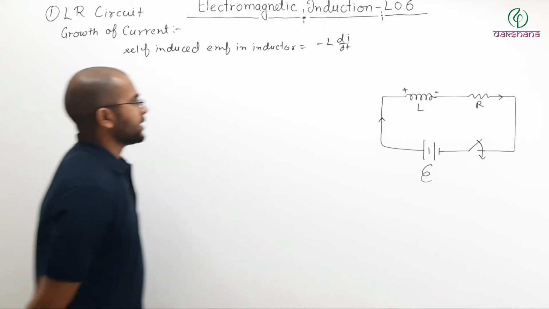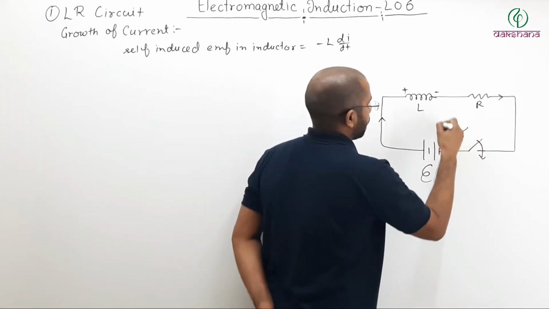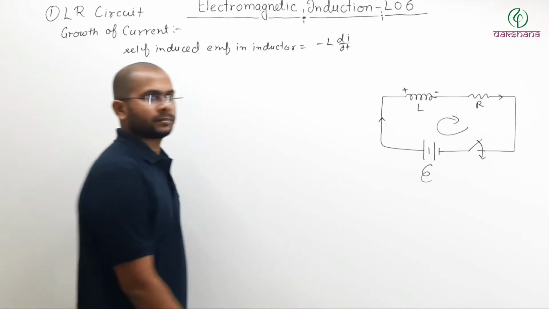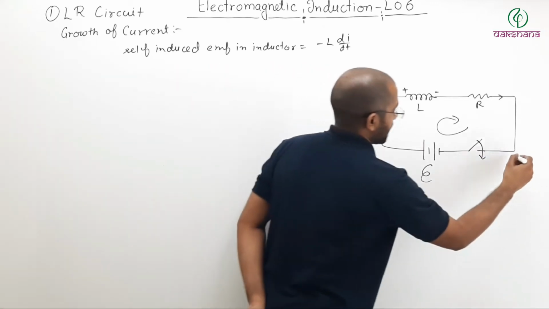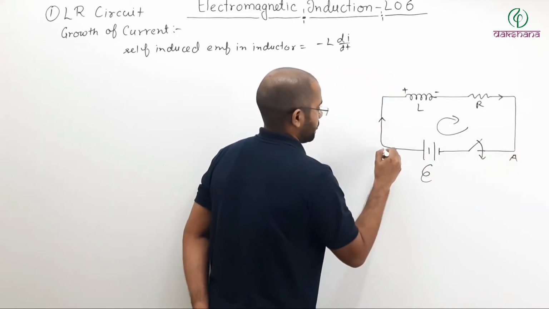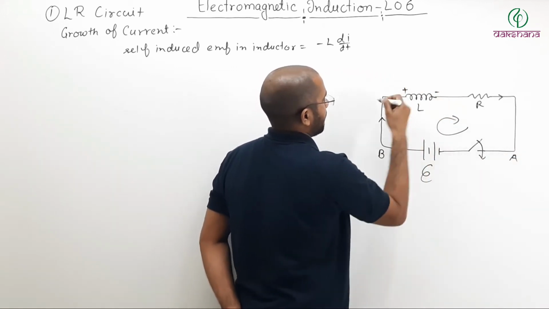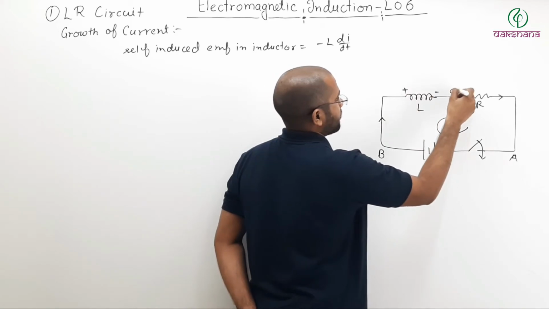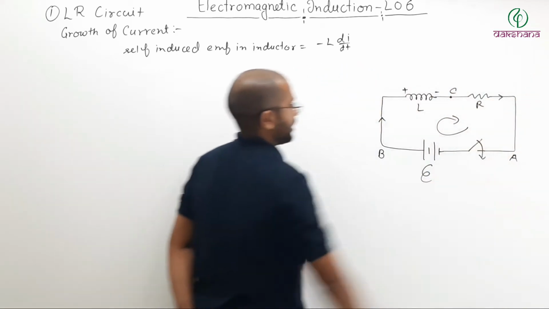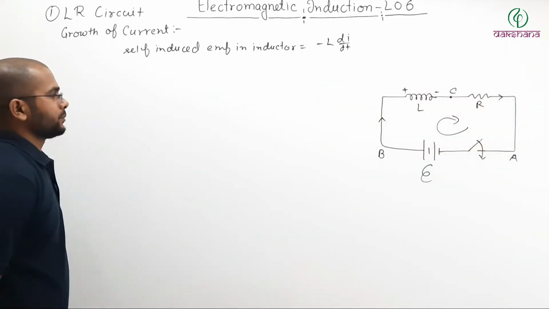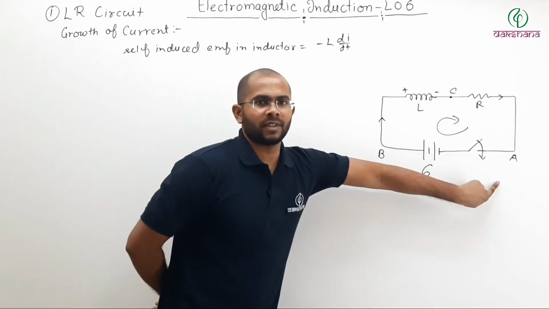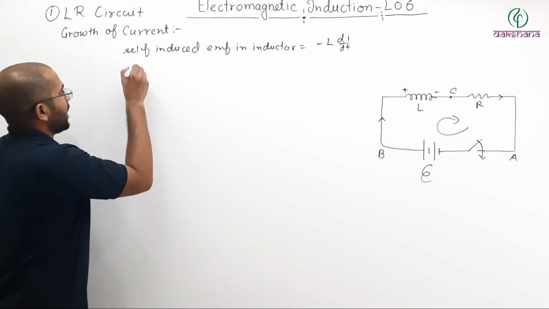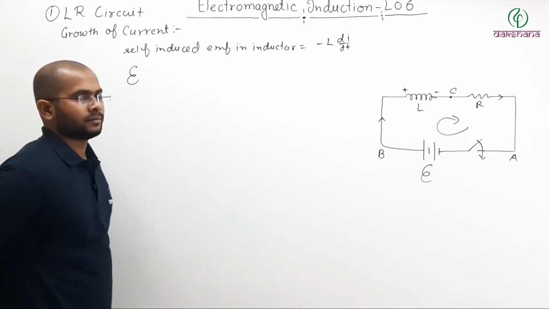Now let us apply Kirchhoff's loop law for this loop, starting from this point. Let us call this point A, then B, then C, and back to A. VB minus VA will be EMF.